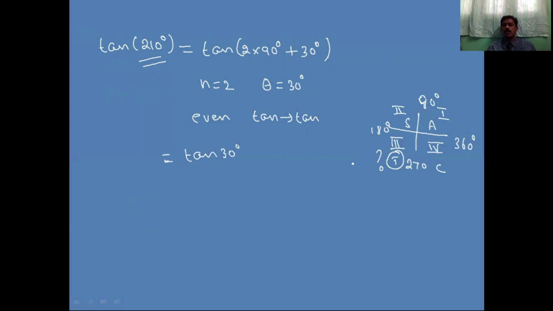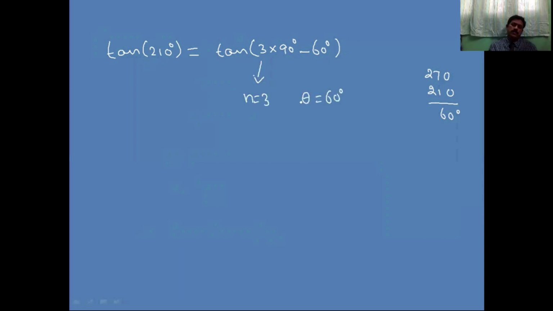In the third quadrant, which one is positive? Tan is positive. So the tan is positive. We know that tan of 30 degrees is 1 by root 3. So finally we can conclude tan of 210 is nothing but 1 by root 3.